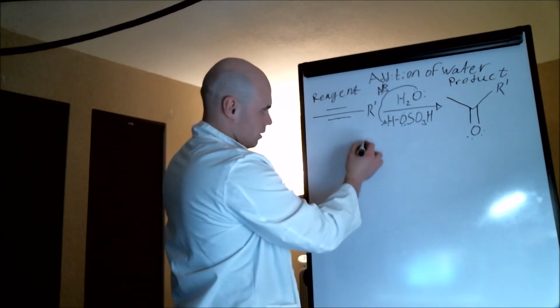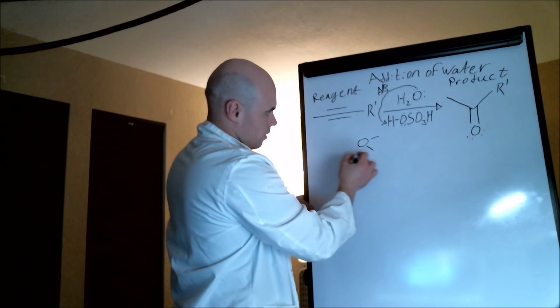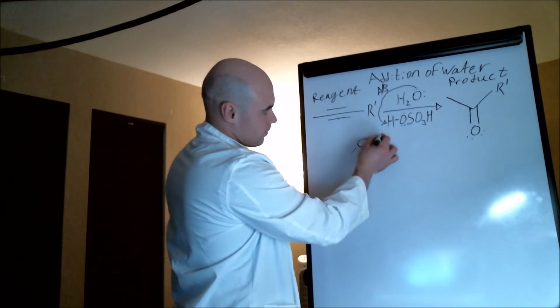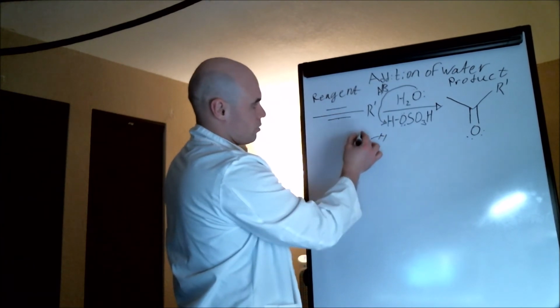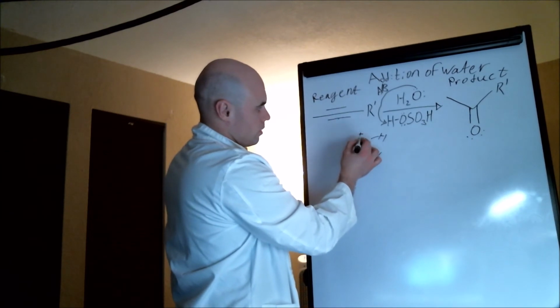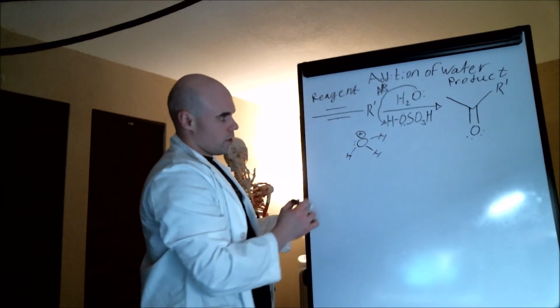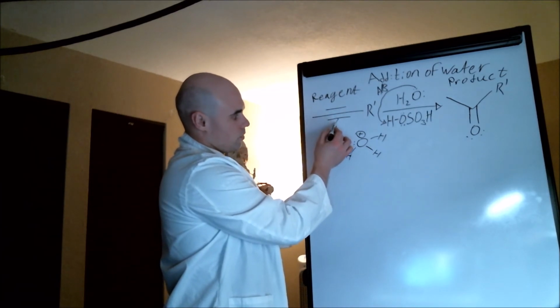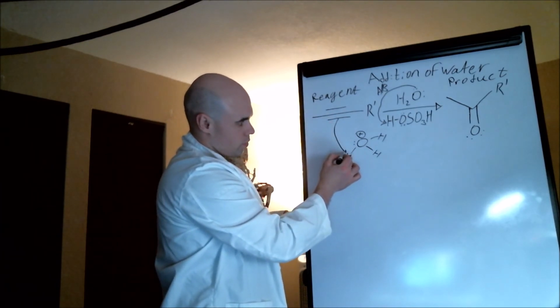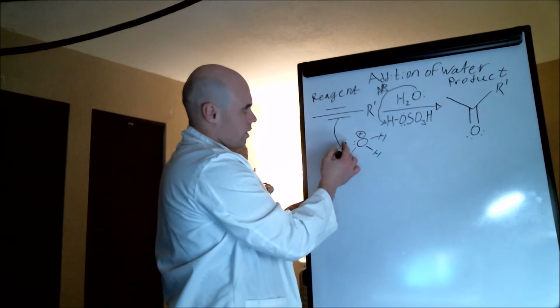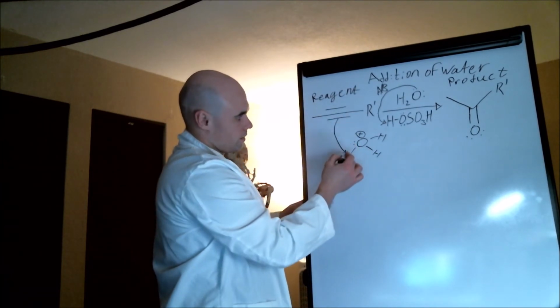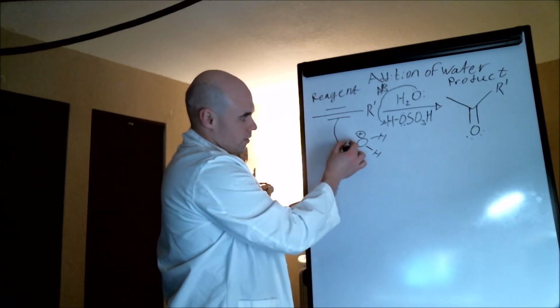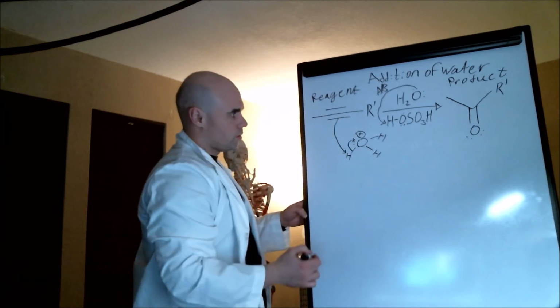So we're going to create a hydronium ion, which is an oxygen bonded with 3 hydrogens with a positive charge. And one of our pi bonds from our alkyne is going to attack the proton on this hydronium ion and steal it, and the remaining electrons are going to go onto the oxygen.